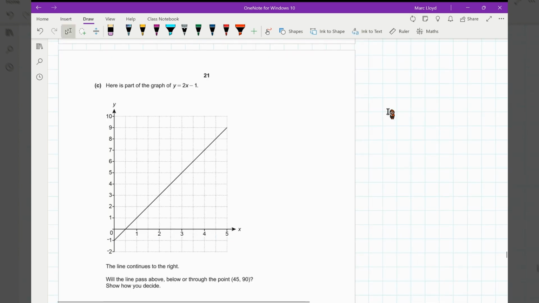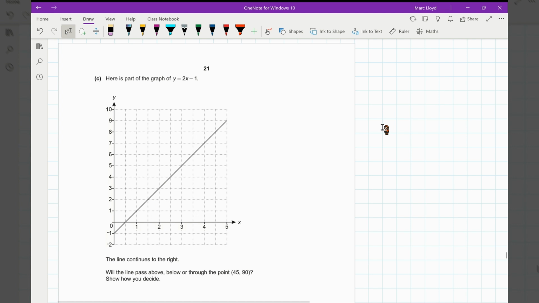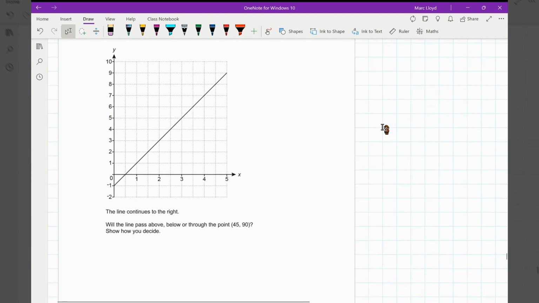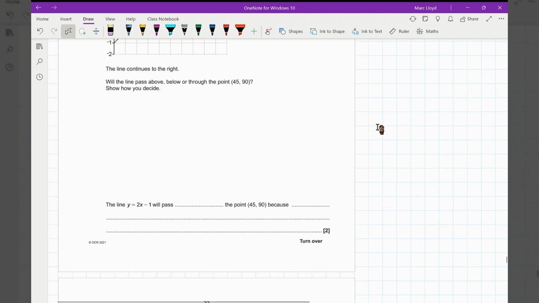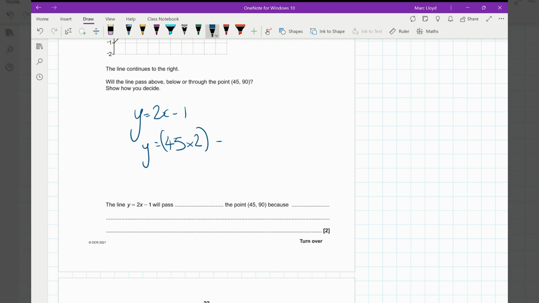Okay, it's part C on this one. Here is part of the graph of y equals 2x minus 1. The line continues to the right. Will the line pass above, below, or through the point (45, 90)? So y equals 2x minus 1. If we replace x with 45 and then subtract 1, we get y equals 90 minus 1, y equals 89.